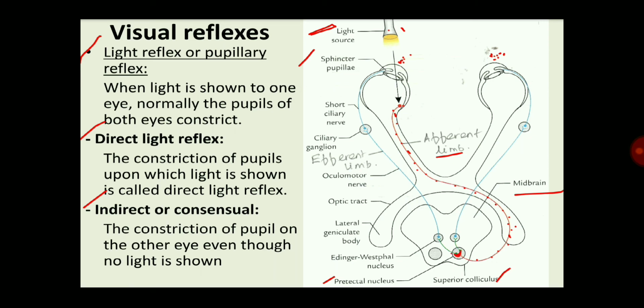Here it is located near the superior colliculus. Now this fiber relays on the Edinger-Westphal nucleus, that is the parasympathetic component of the third cranial nerve or oculomotor nerve. So here it is relaying on both right and left Edinger-Westphal nuclei.